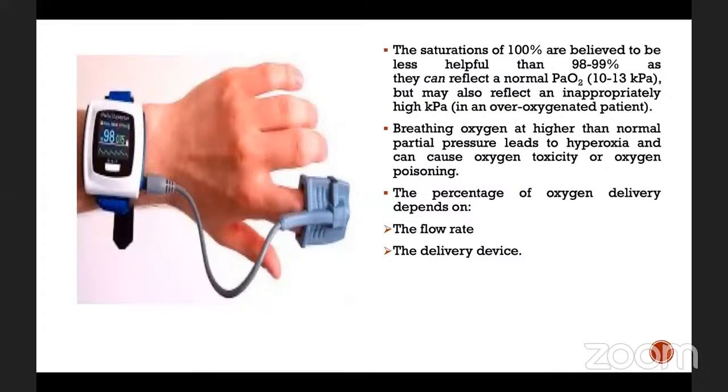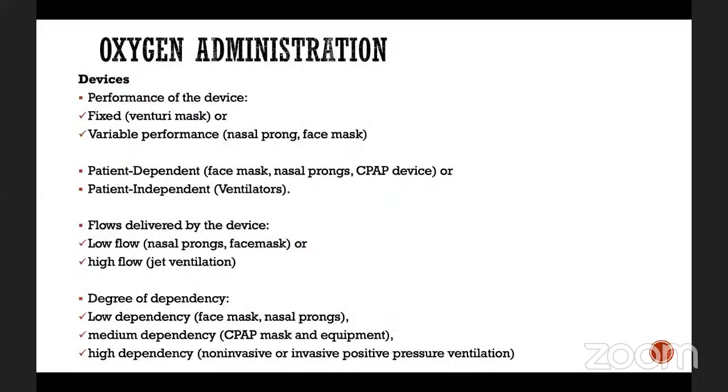We need to take into consideration that the percentage of oxygen we are going to deliver to the patient will depend on the device we are going to use and also the flow rates we are going to set. What are those devices we can use to administer oxygen? They are grouped into different categories. We can group them based on their performance, either fixed performance or variable performance.